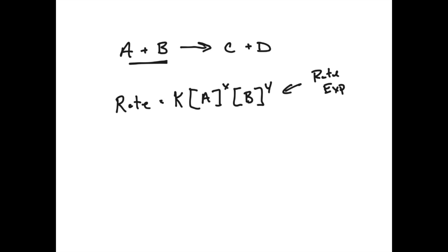And what we're going to be doing here shortly is determining what the X's and Y's are going to be. This is also called a differential rate law. Now we will talk later possibly about what an integrated rate law is. An integrated rate law will specifically have some type of factor of time within it. These do not. These are at a specific point, but not over a distance of time.